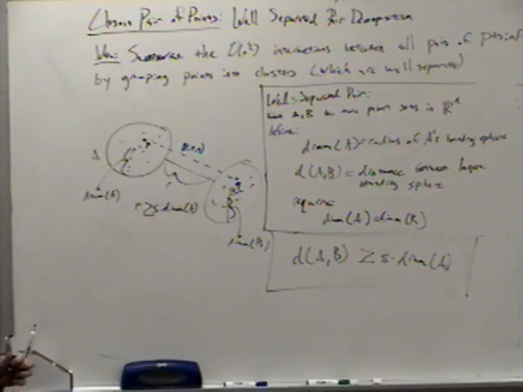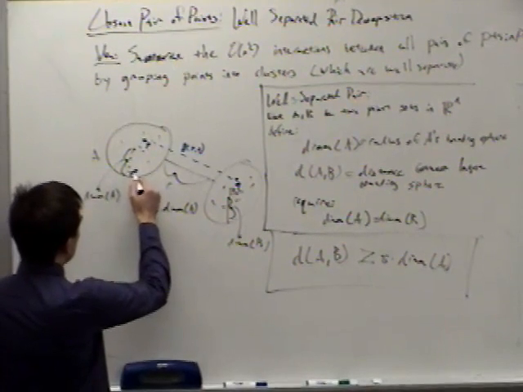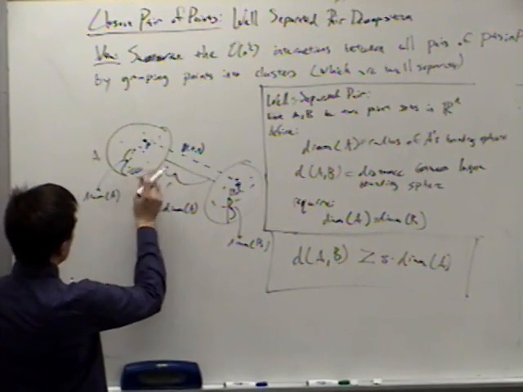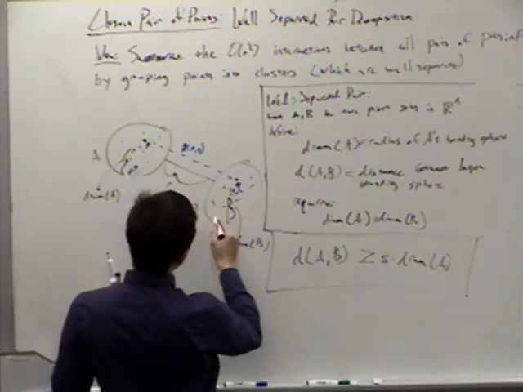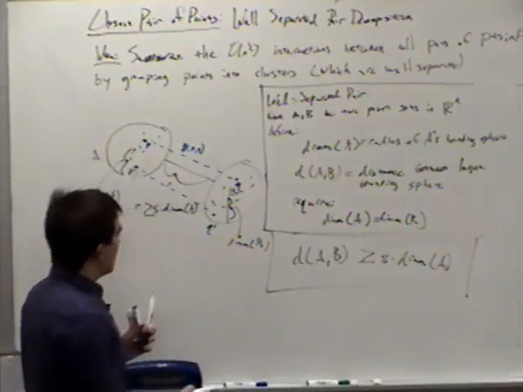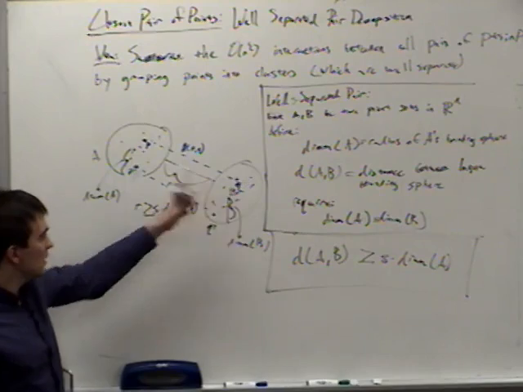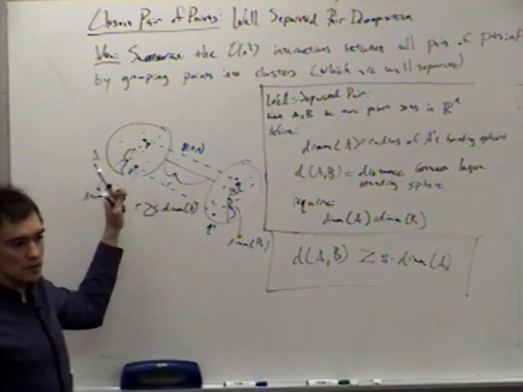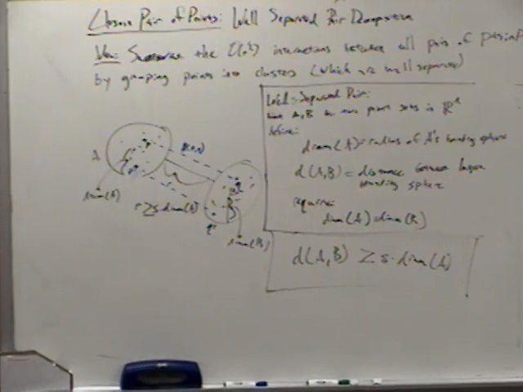Then it turns out that for any other point, say I pick another point and call it P prime, and maybe select another point and call it Q prime, knowing the length from P to Q gives me a lot of information about the length from P prime to Q prime, given that these pairs are well separated.